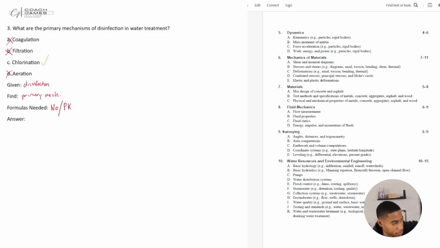Okay, so it involves perforating the soil with small holes to allow air, water, and nutrients to penetrate the grass roots. Okay, so no. Aeration makes sense, letting air, wind, all that stuff come in. So no. And then our answer is going to be C.